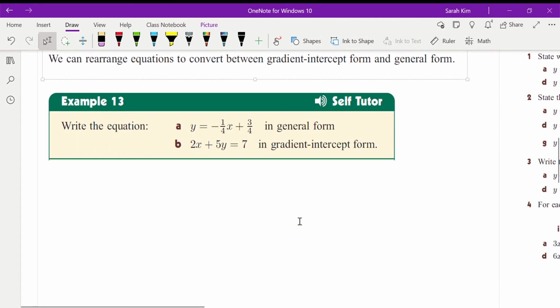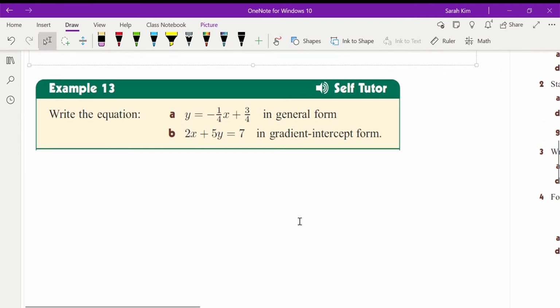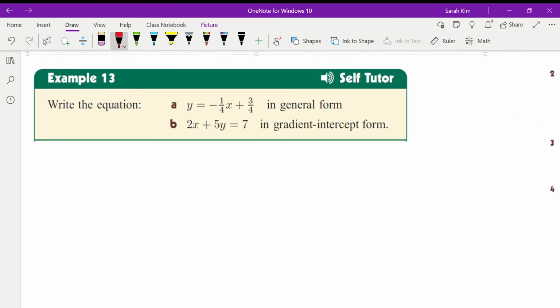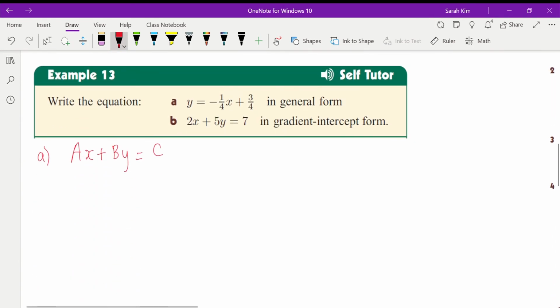Alright, so what we're going to do is rearrange this equation, because we learnt how to rearrange equations in the previous chapter. So let's use that practice. So A, write that in the general form. Now, general form, if I write the general form, it should look something like this from memory. Let me just scroll back. Yep. That's the general form.